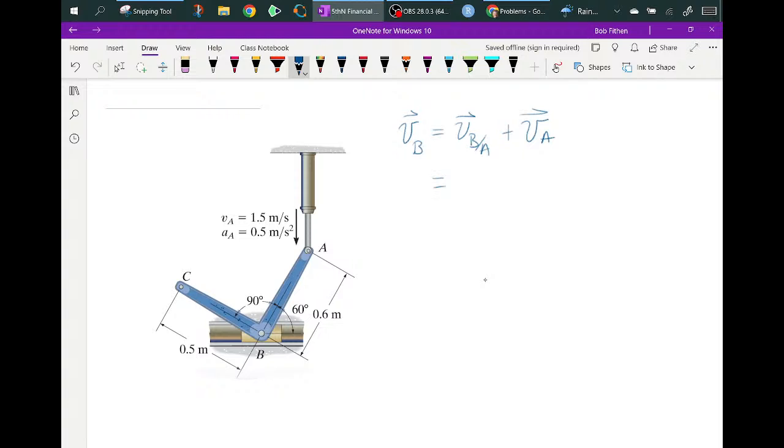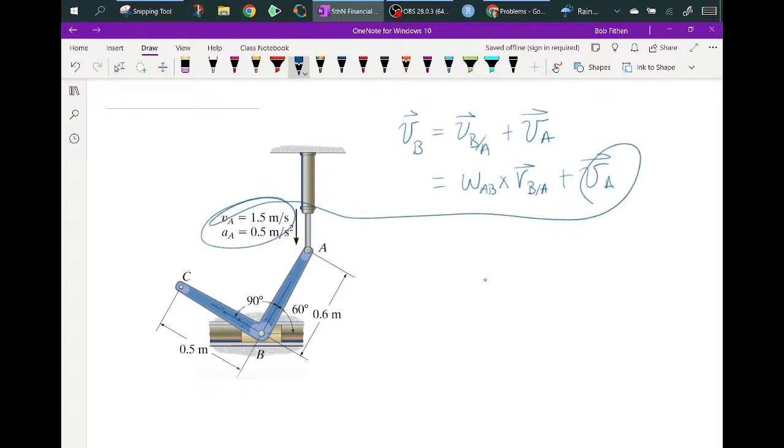And this can be written as omega AB cross R BA, plus velocity of A, which this time you'll have directly. But if you start writing down the velocity of C, it's on the same link.